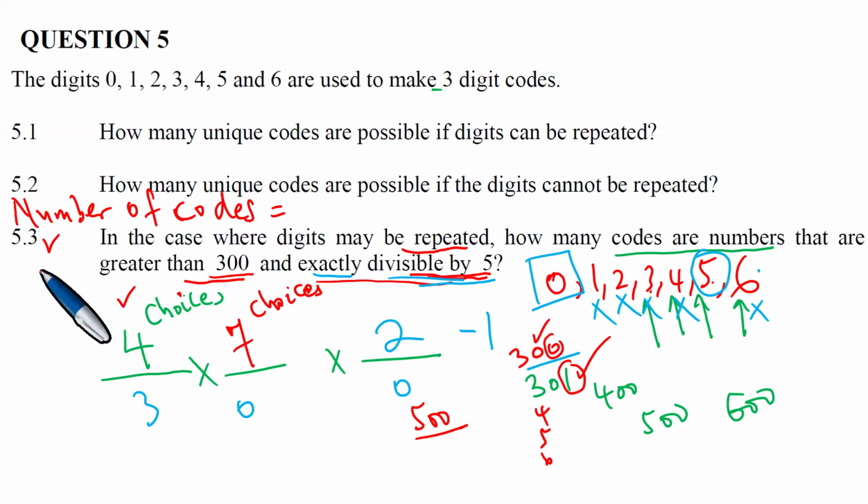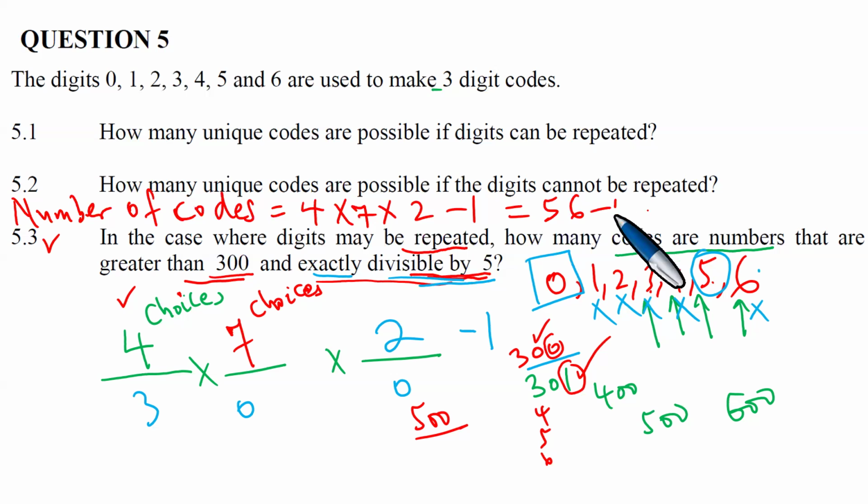Okay, it's 5.3. It is 4 times 7 times 2 minus 1. 4 times 7 is 28. 28 times 2 is actually 56. Minus 1 is exactly 55. So the codes are 55.